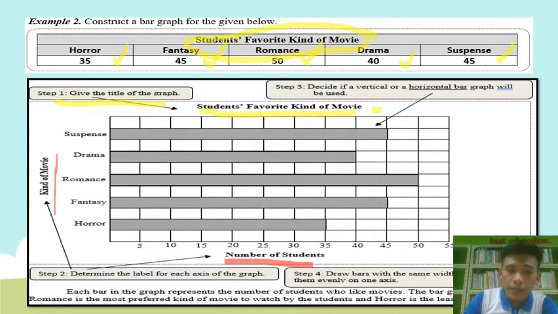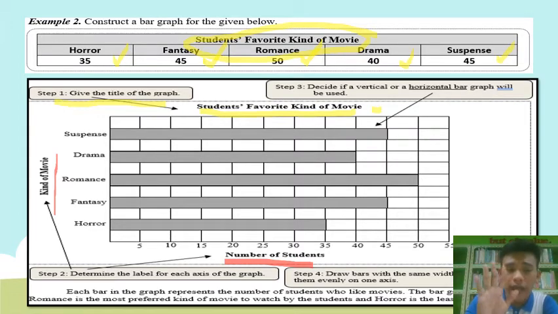So, step 3. Decide if vertical or horizontal. Right now, we will use a horizontal bar graph. Step 4. Draw bars with the same width, evenly spaced on one axis. Okay, so first horror, 35 students.